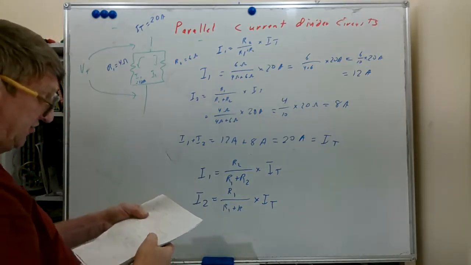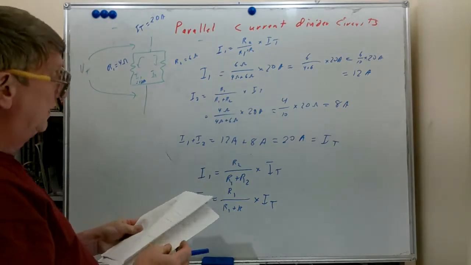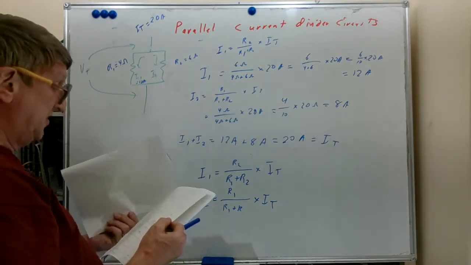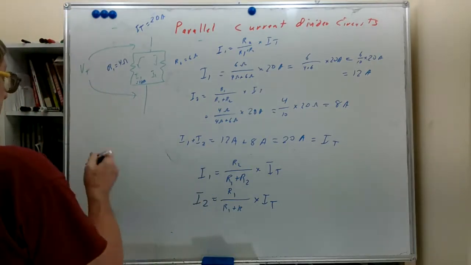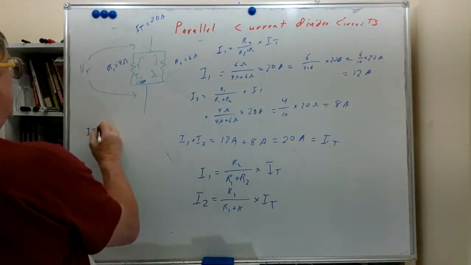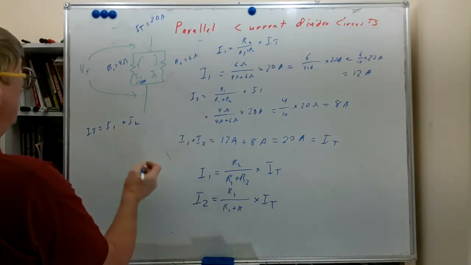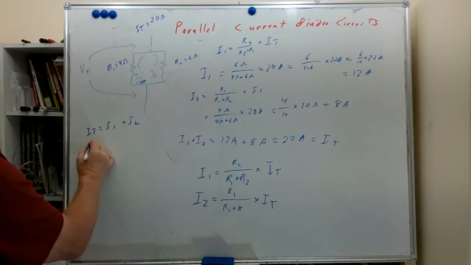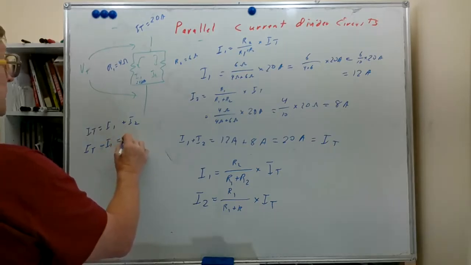We wouldn't have actually had to calculate the second one. We could have said that IT equals I1 plus I2. We could subtract I1 from both sides. We'd have IT minus I1 equals I2.